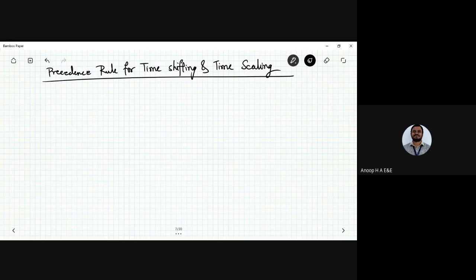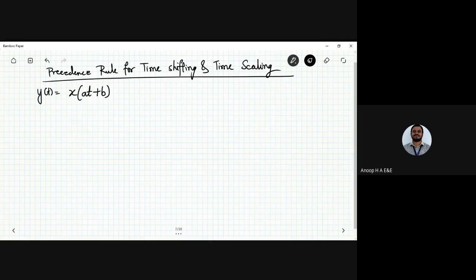Now let me take any signal y of t that would be equal to x of at plus b, where x of t is any signal. If I want to have both the properties of the signal verified, how would I generally take it?